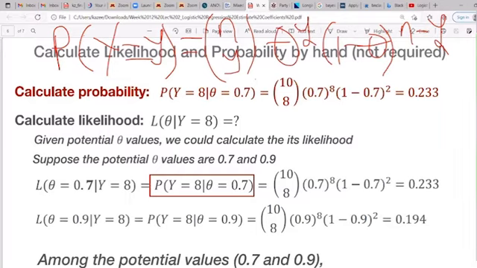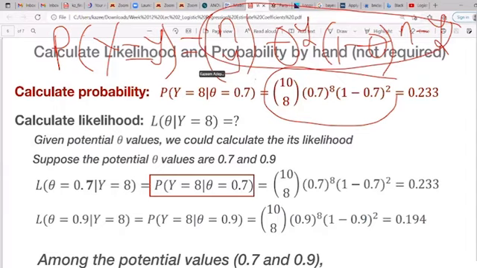Now I know my n. n is the number of trials, which is 10, and y represents the number of heads, which is 8. And of course, you have been given your theta to be 0.7. Here I've already plugged in the values of y, theta, and the number of times the coin is tossed into the probability formula, and the probability that we get is 0.233.